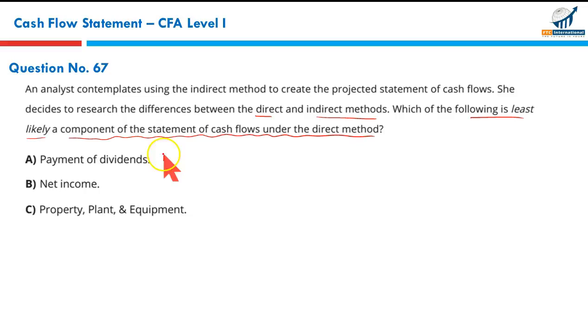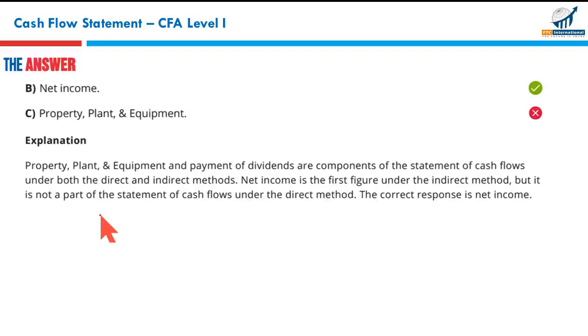Payment of dividends comes under both direct and indirect. Property, plant and equipment come both under the direct and indirect. But net income is reported under the indirect method for adjustments, but under direct method we don't have net income. That's the difference. So net income is available in operating activities in indirect method, but not under the direct method. B is the right answer.